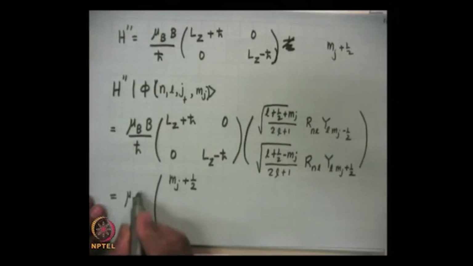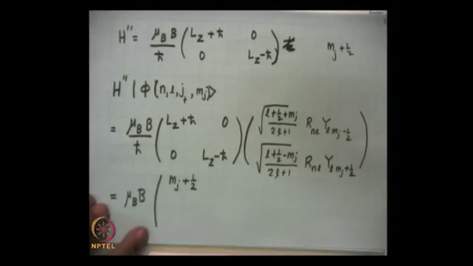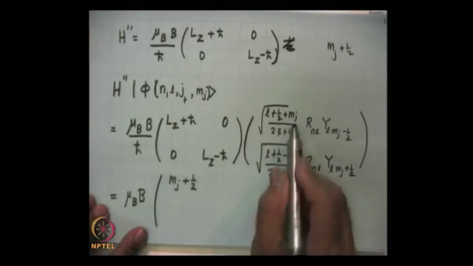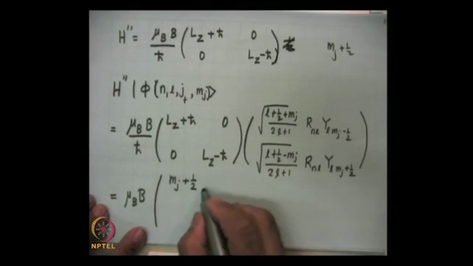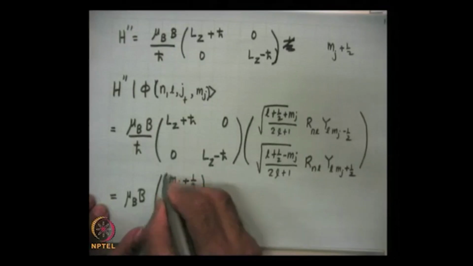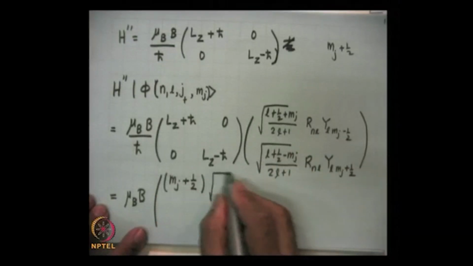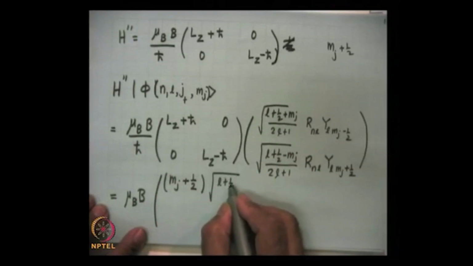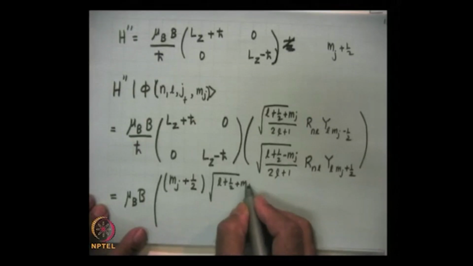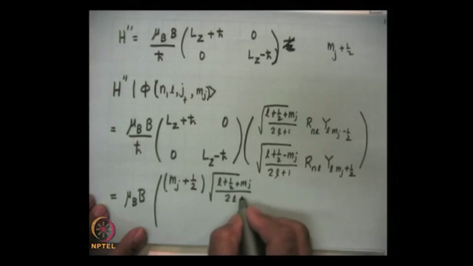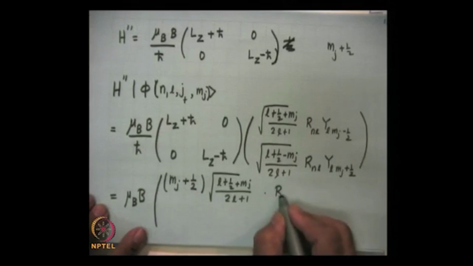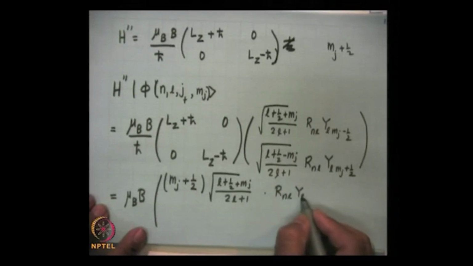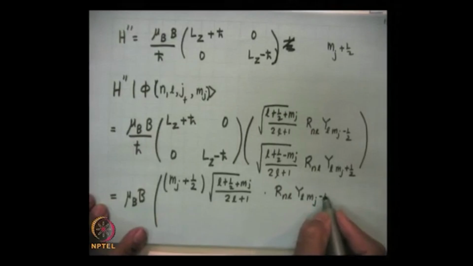So, mu b b, and then this is 0 times this, multiplied by this whole wave function, L plus half plus mj by 2L plus 1 multiplied by R n L y L mj minus half.